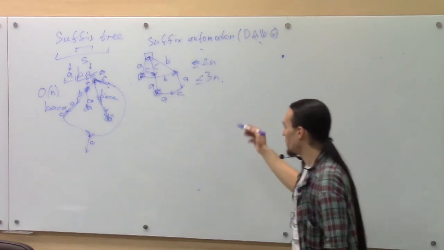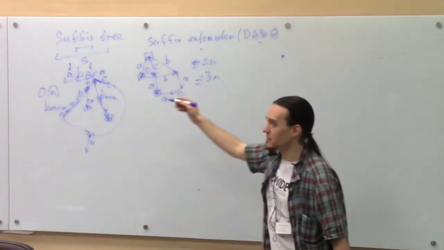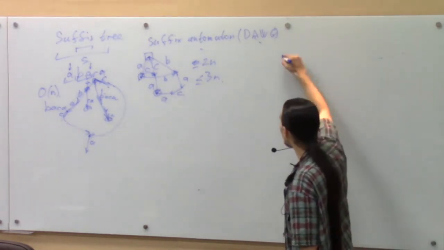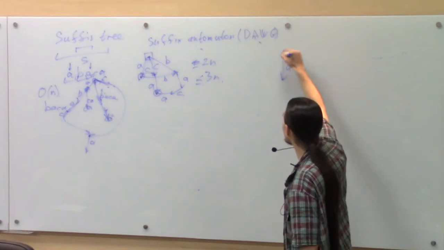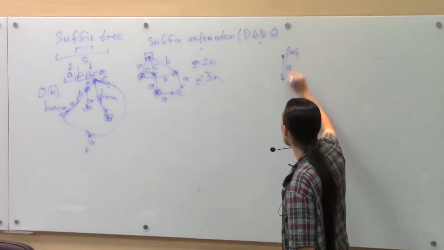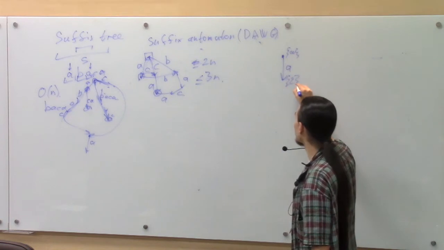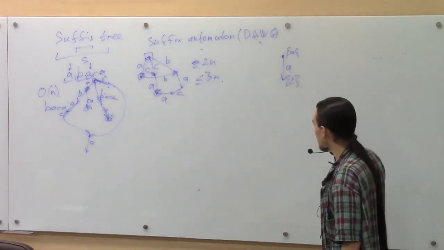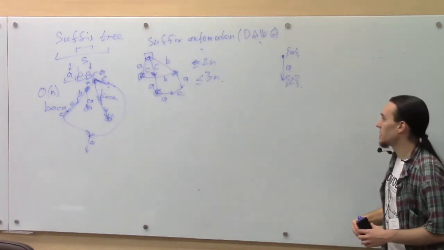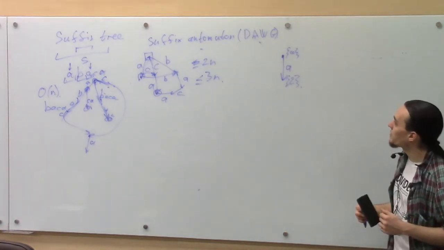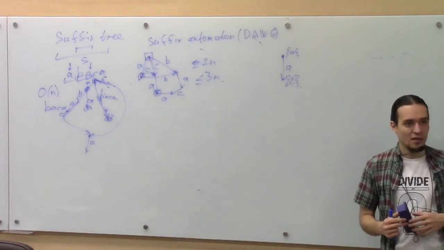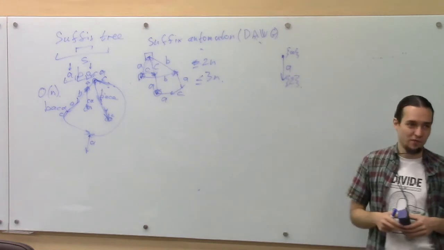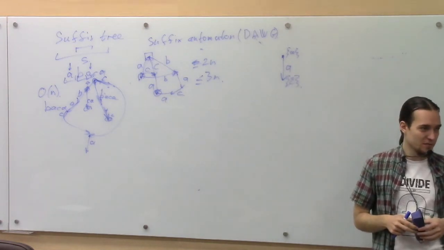We may as well construct this automaton by adding letter by letter. Okay, so if we add the letter A, then it goes something like this. So the right context here is only A, and the right context here is only the empty string. Okay, now we add B. So let's think about what happens when we add a letter, and by that I mean what happens to the right context of these different states.